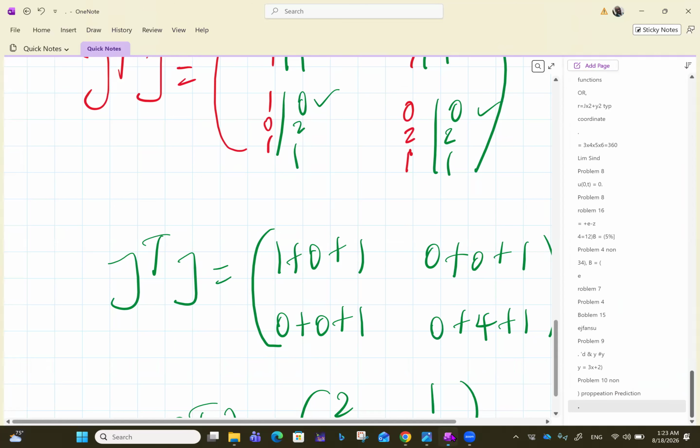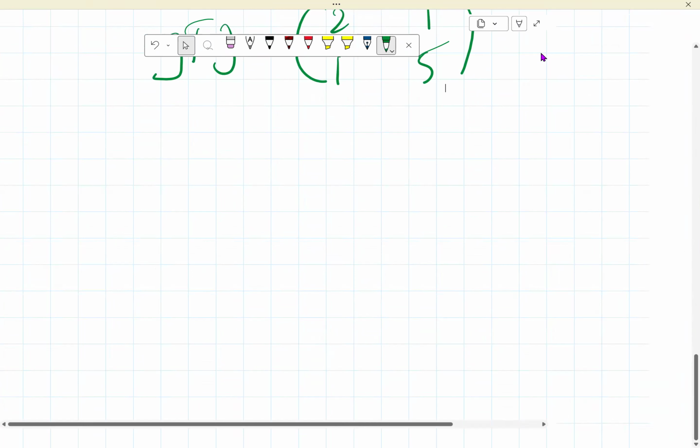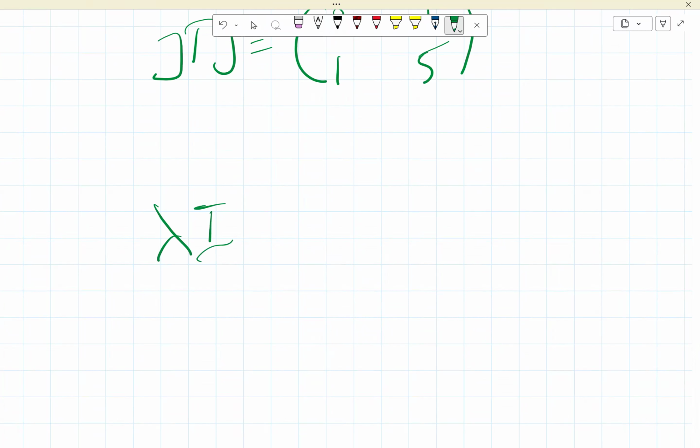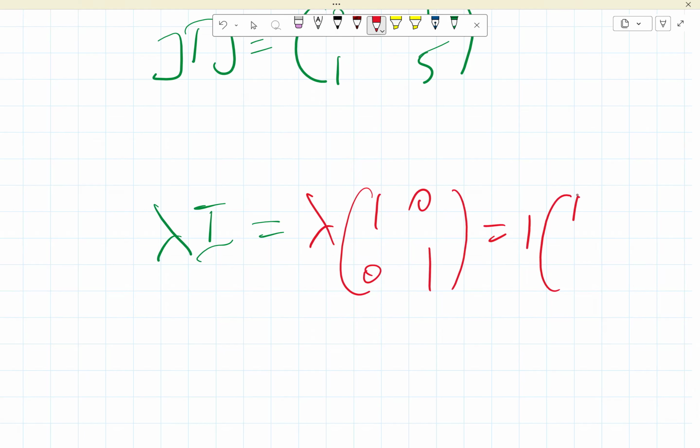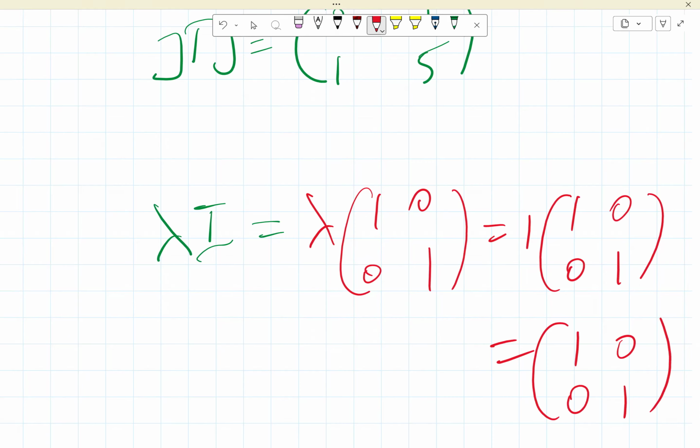Because lambda I is equal to lambda times 1, 0, 0, 1, and since lambda is 1, it's 1 into 1, 0, 0, 1. So this is 1, 0, 0, 1, like this.